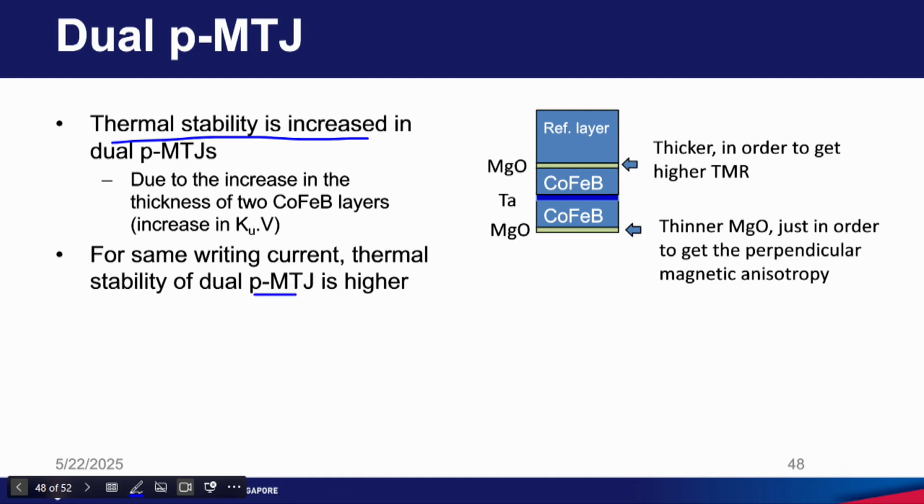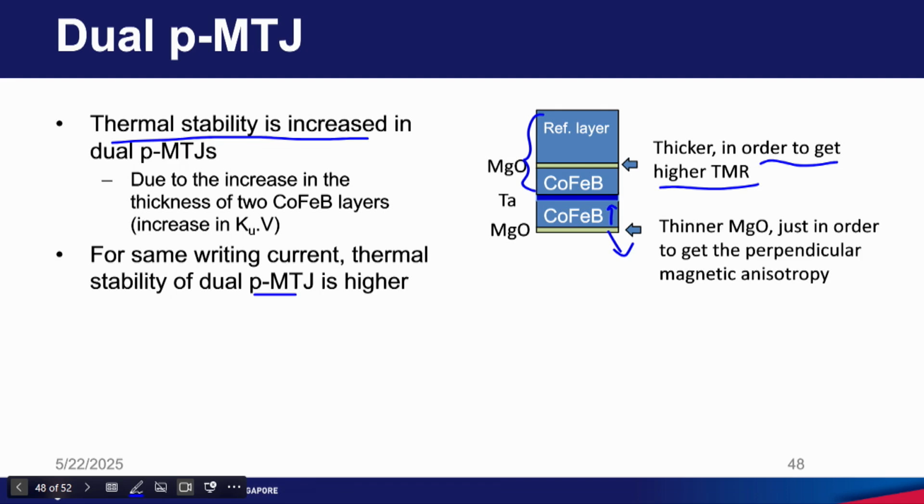Okay, that's one thing. Then one fine aspect of this particular design is when you read information, these three layers play an important role. Okay, so here you need to have optimum thickness of magnesium oxide for achieving high TMR. Okay, but here you can make very thin magnesium oxide because here you are just creating an interface to get perpendicular magnetic anisotropy.